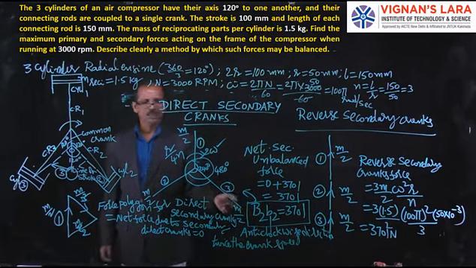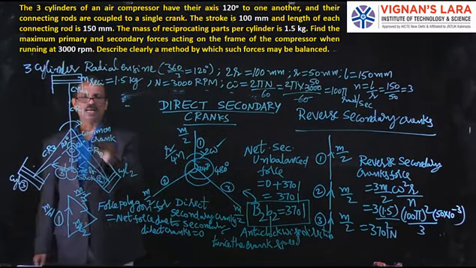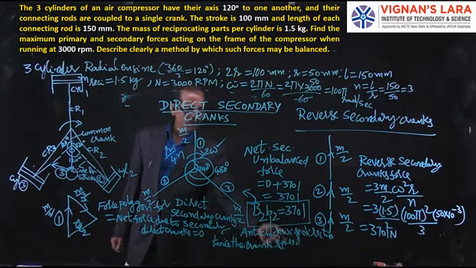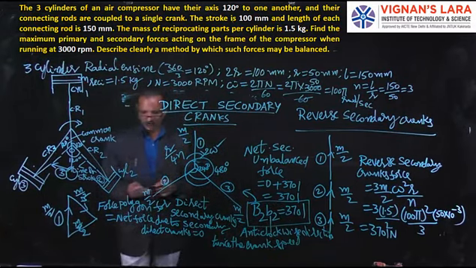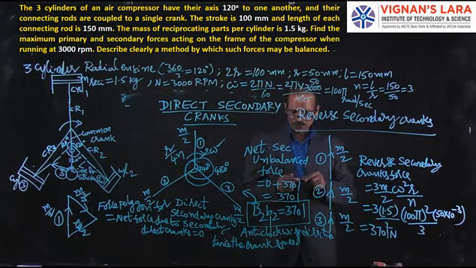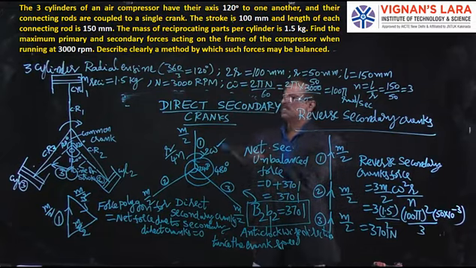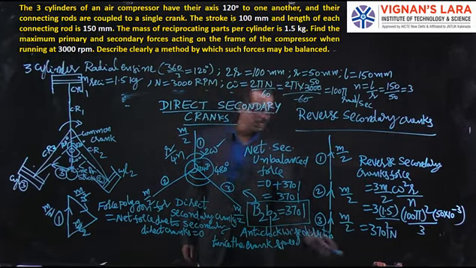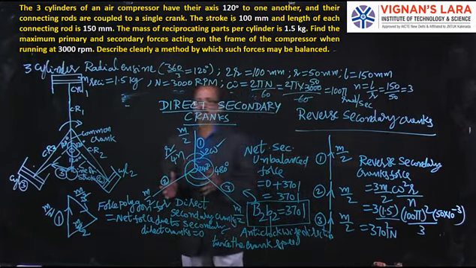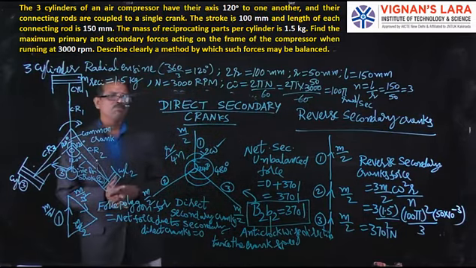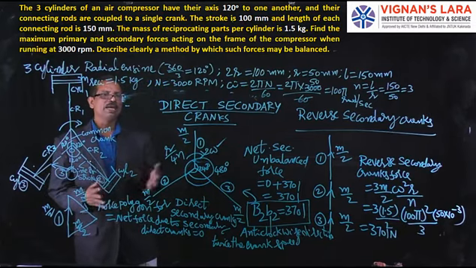That means if the actual one rotates clockwise, then this will be kept in an anti-clockwise direction, twice the crank speed, that is omega. Here it will be 2 omega, and instead of clockwise we have taken direct crank, and the balancing mass will be in the anti-clockwise direction, that is twice the crank speed. So this way both primary as well as secondary forces can be balanced in multi-cylinder, that is in radial engines.